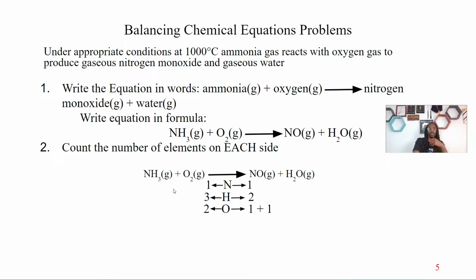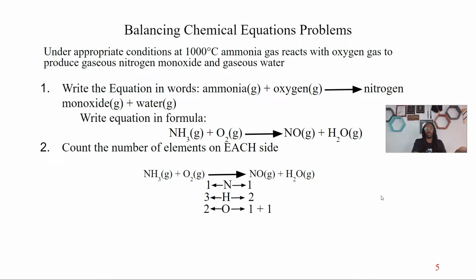But let's look at our hydrogens. I have 3 hydrogens on my reactant side and 2 hydrogens on my product side. Not balanced. Let's look at my oxygen. I got 2 on my reactant side, and then I have 1 oxygen in my NO and 1 oxygen in my H2O, so I have 2 there. So the only thing that's not balanced is my hydrogen.